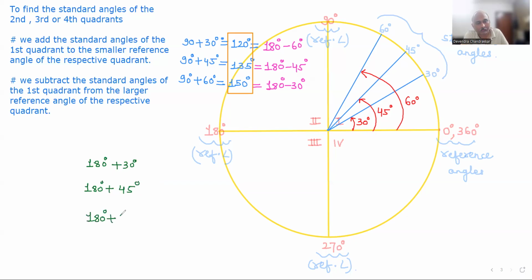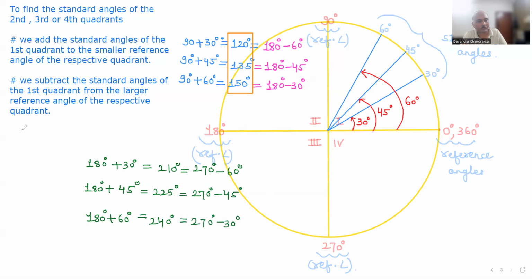So this is 210, 225, 240. Or we subtract from the larger one. 270 minus 60, 270 minus 45, 270 minus 30. Clear?